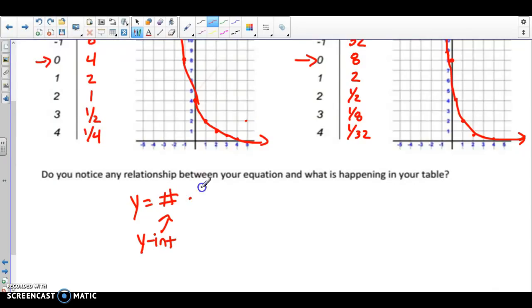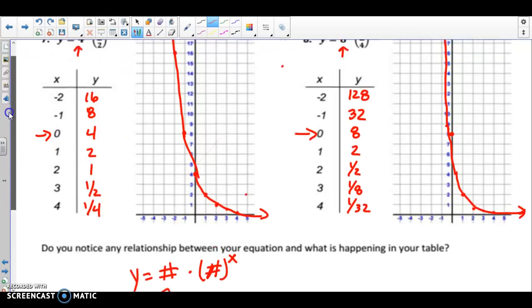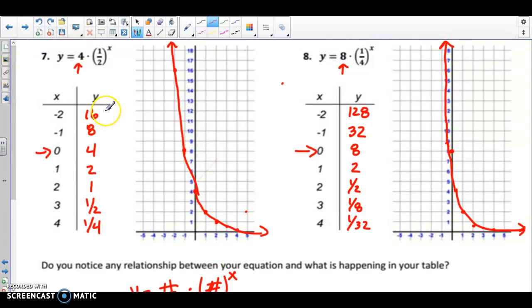Okay, it then multiplies another number that is being raised to a power, or to x. Okay, and to get that number, just like before, that's the number that we multiplied by to get to the next number. Okay, so 16 times 1/2 is 8. 8 times 1/2 is 4. Right?